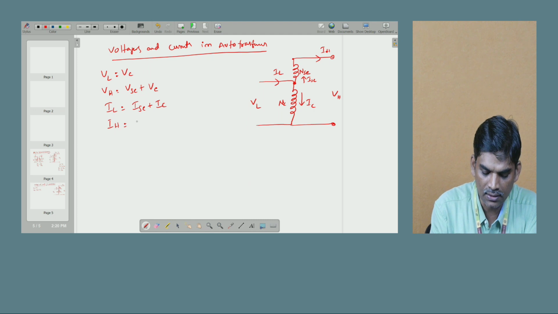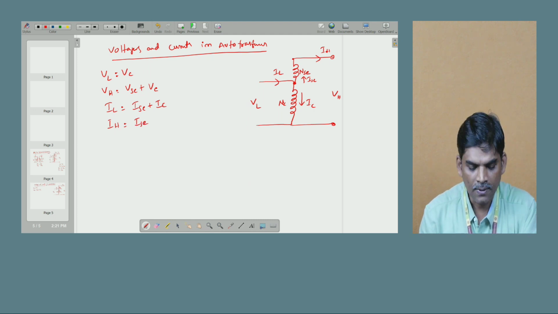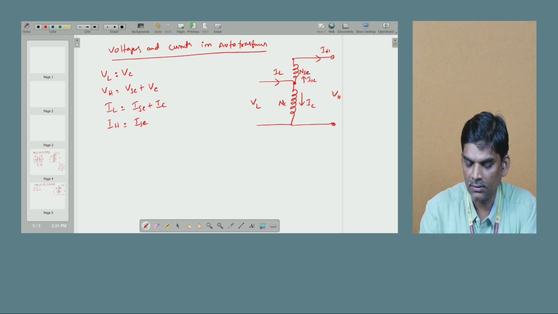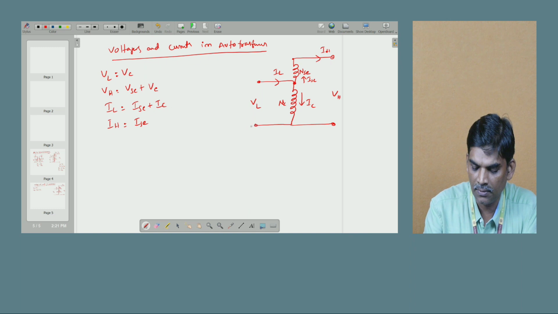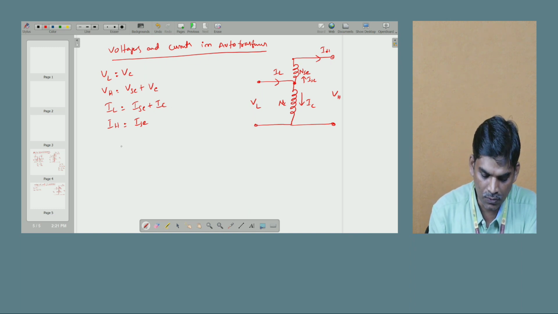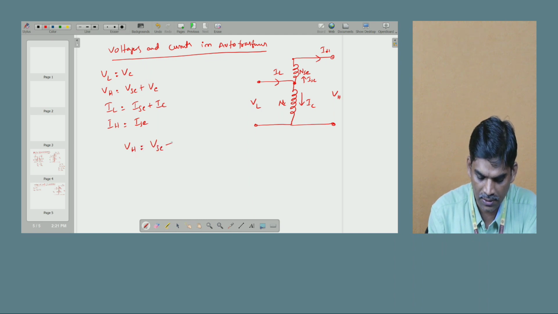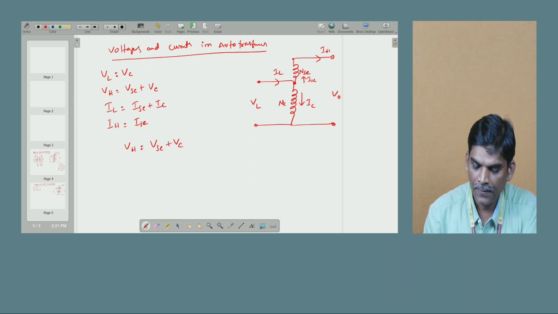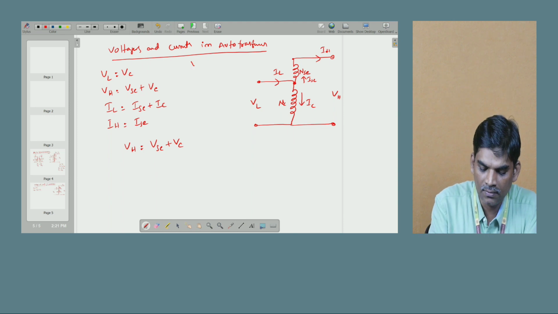Once again I rewrite all these things. Now what is the relation between the number of turns in the autotransformer? How can I write it? First I write the voltage relation: VH is equal to VSC plus VC. We know in the two winding transformer, VC by VSC is equal to NC by NSC.